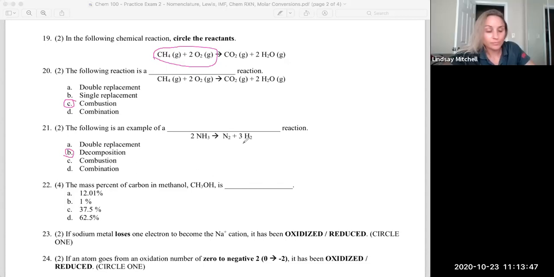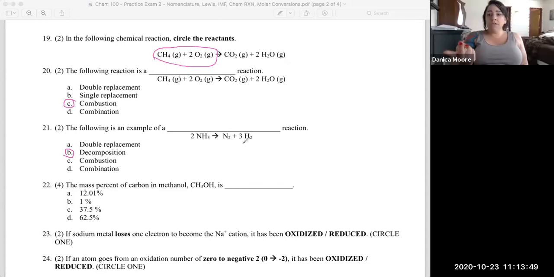A combination, right? So combination and decomposition are just opposites of each other. Everybody comfortable with those? Cool. We'll save this one for doing on the board because it'll be easier that way.